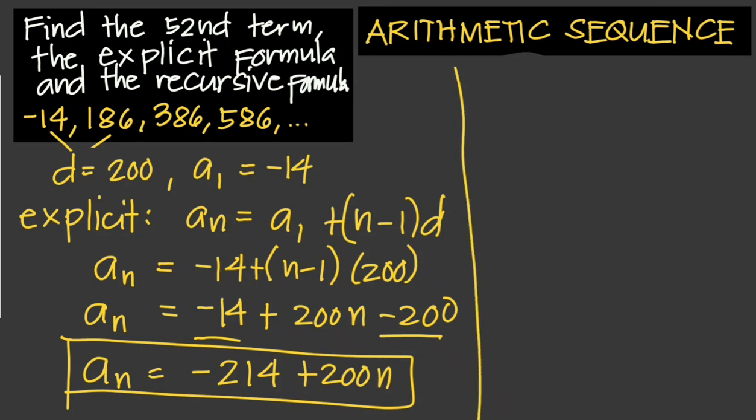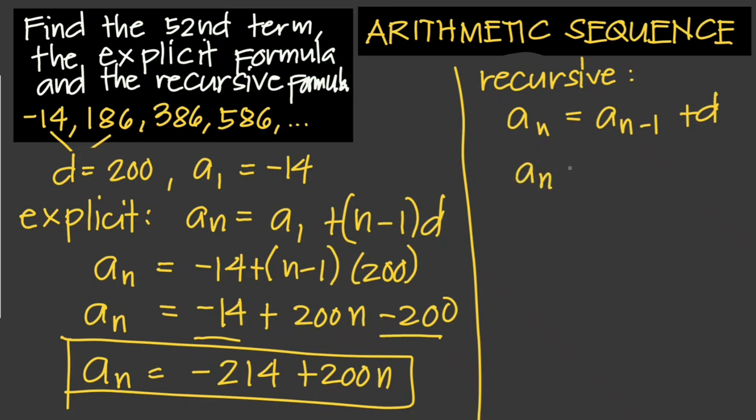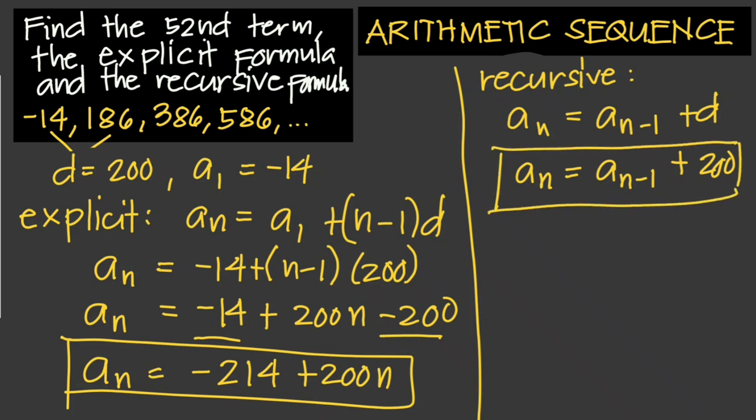Now we need to write our recursive formula. The standard recursive formula is a sub n equals a sub n minus 1 plus d. So all I have to do is plug in the value of d, because we don't have the values of a sub n and a sub n minus 1. So that will be a sub n equals a sub n minus 1 plus 200. So this is our recursive formula.